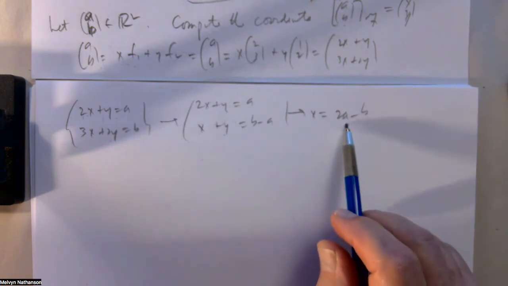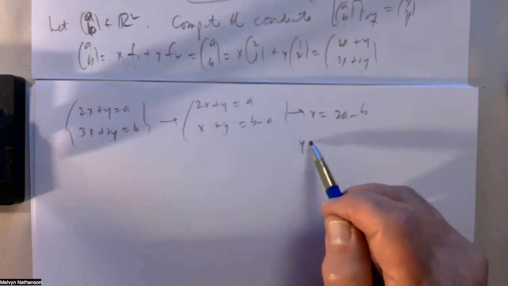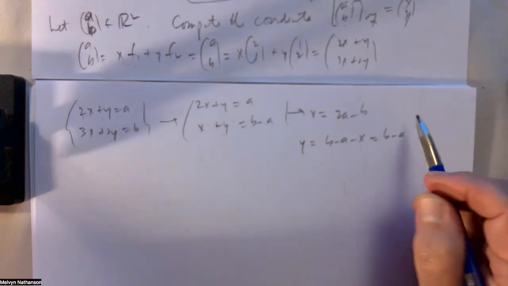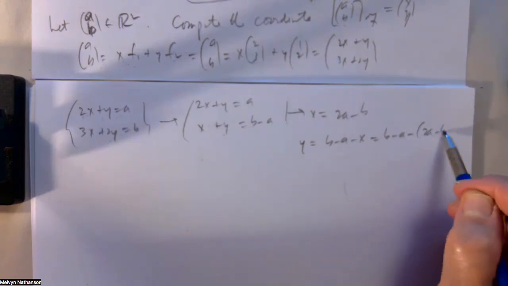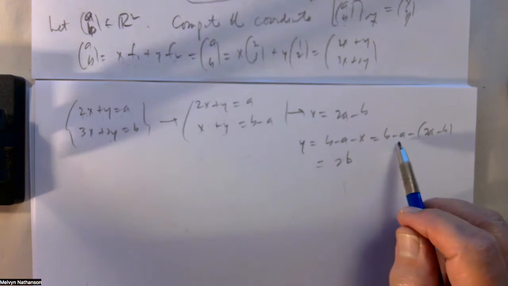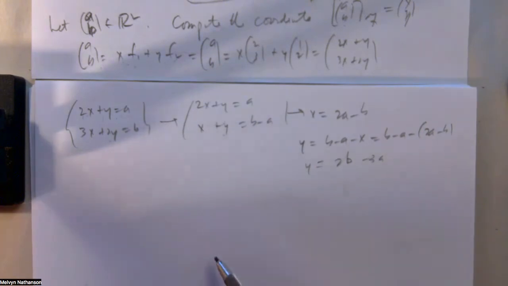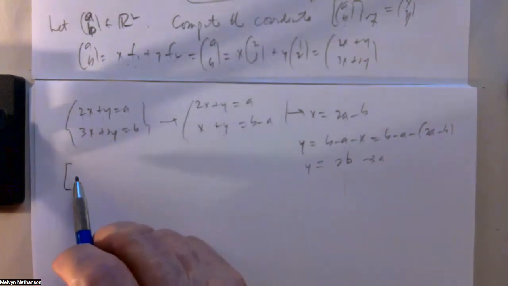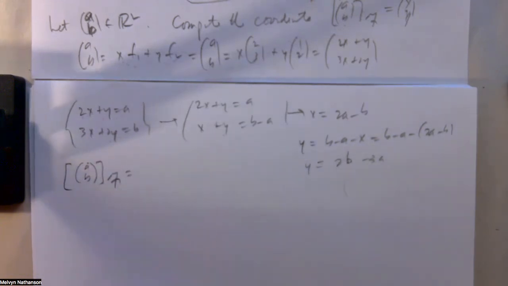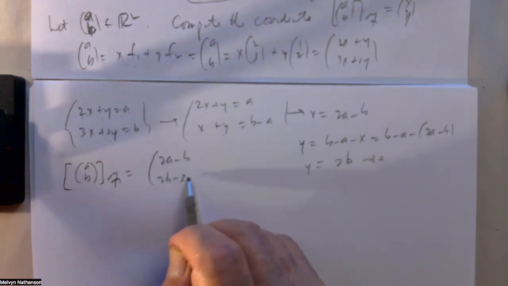So x has to equal 2a minus b, and y equals b minus a minus x, which is b minus a minus (2a minus b), which is b plus b is 2b, minus a minus 2a is minus 3a. So if this is correct, the coordinate vector for (a, b) with respect to the new basis F is (2a minus b, 2b minus 3a).